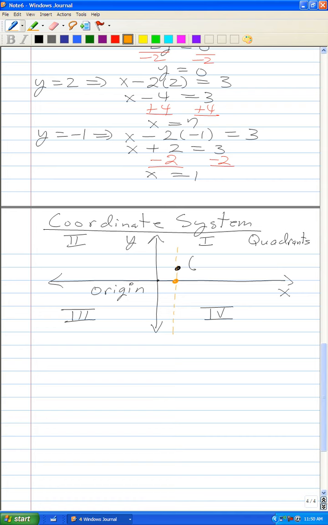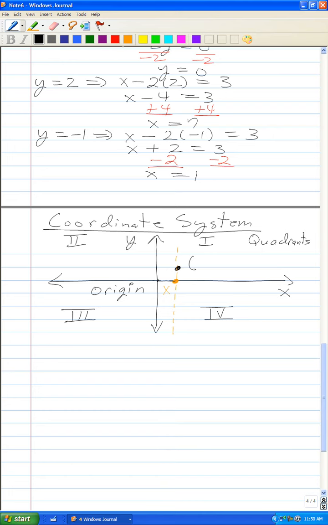Measure the distance from the origin to this point along the x-axis. We will call that distance x. Now, if we are to the right of the y-axis, I'll make it positive. If I'm to the left, I'll make it negative.